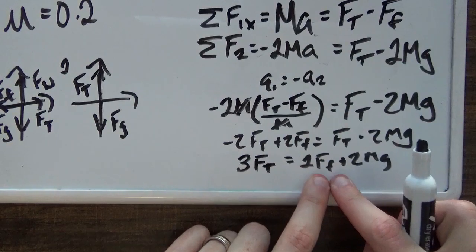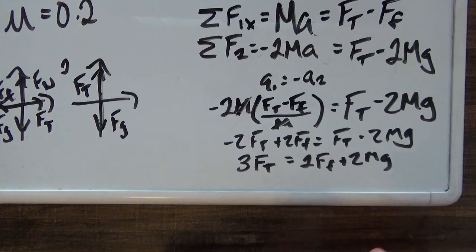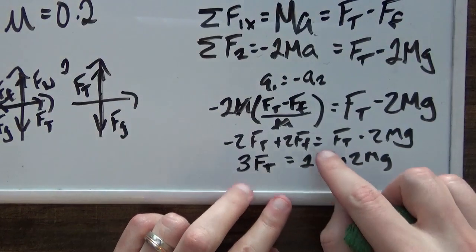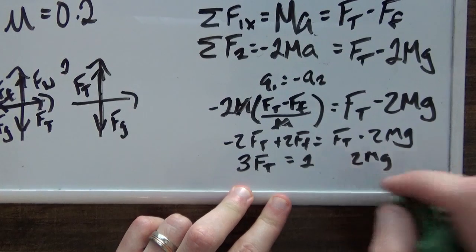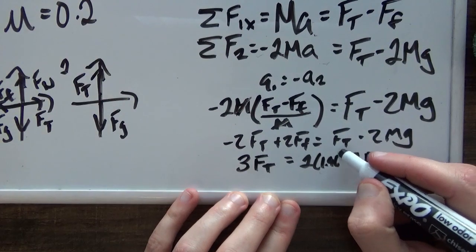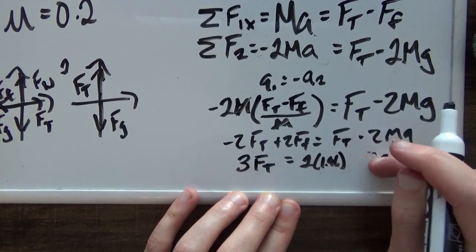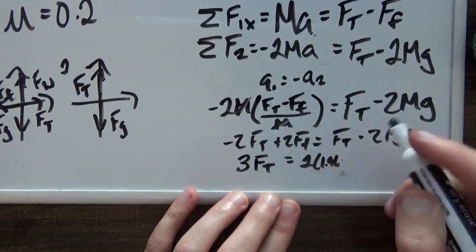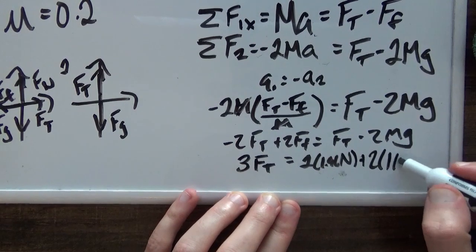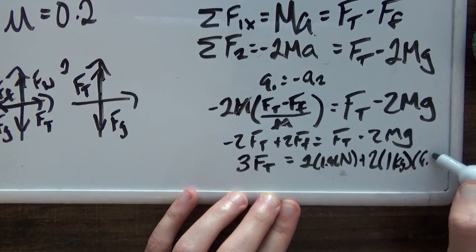So we know force of friction, we know mg. I'm running out of board space, so I'm going to plug in here. Our force of friction is 1.96 newtons, right? Plus 2, m is 1, g is 9.8.